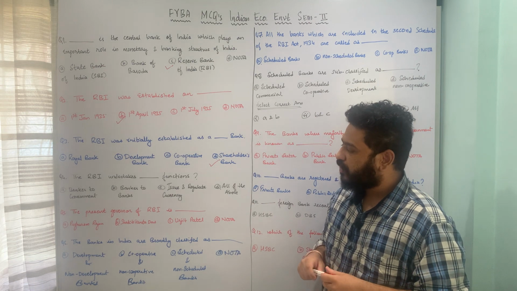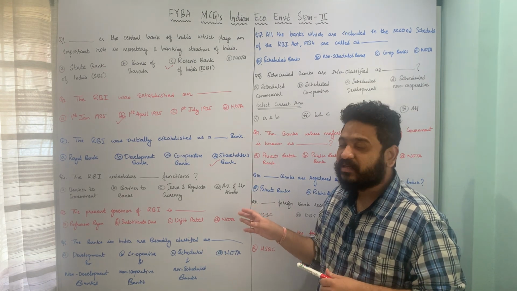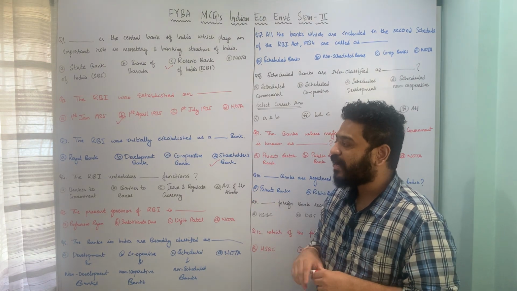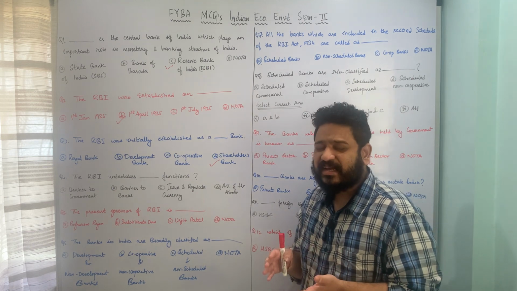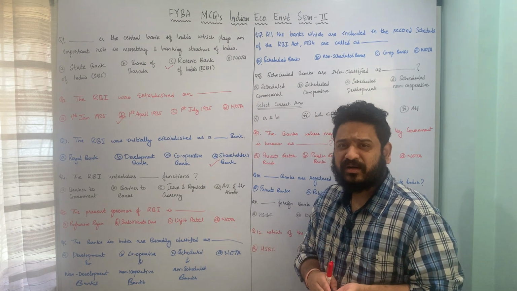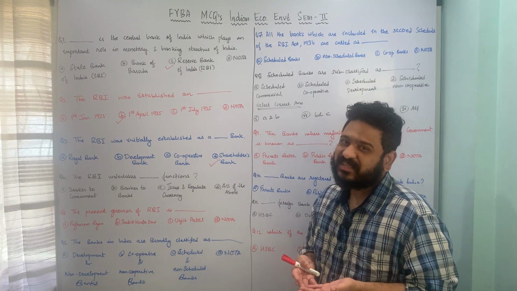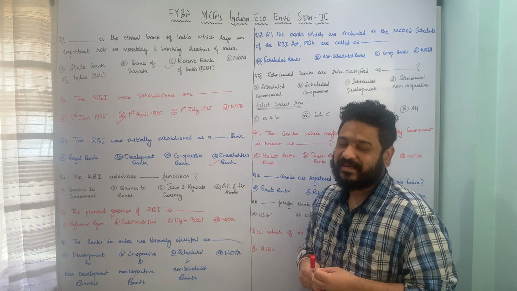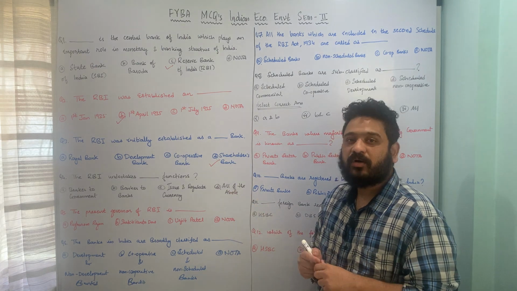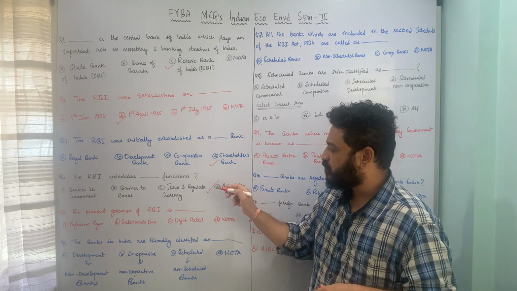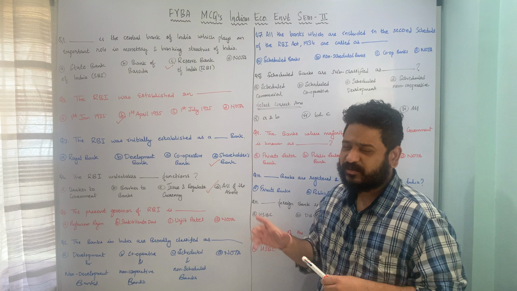So here the correct answer is all of the above. That means the Reserve Bank of India does not only act as banker to the government of India or to the banks, but also issues currency and regulates the circulation of currency in India, and therefore option D, all of the above, is the correct answer to this question. I hope the question is pretty much clear.